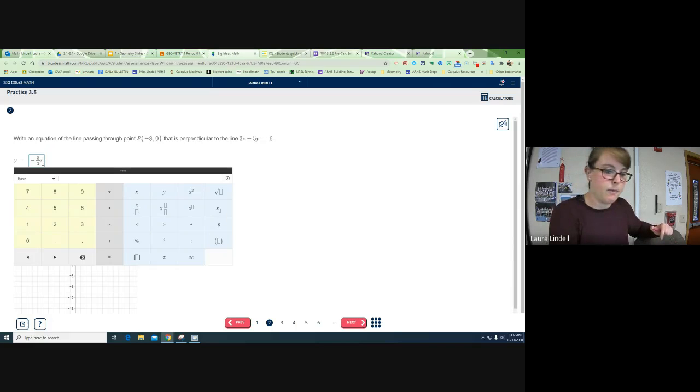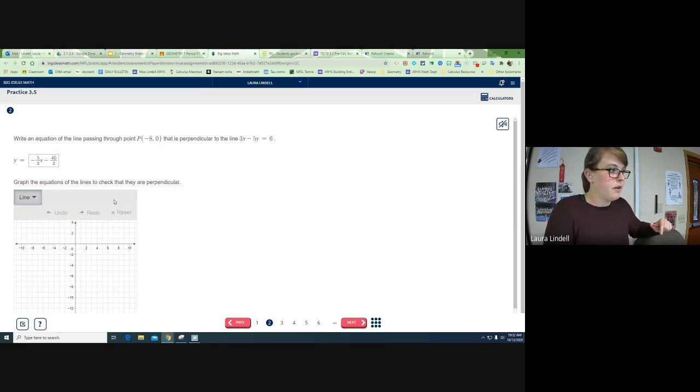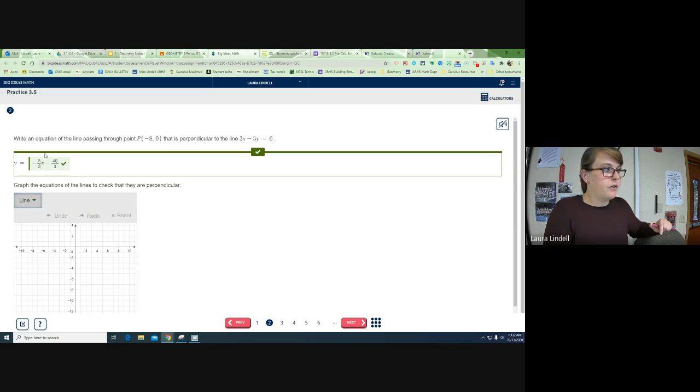And then we had minus another fraction, 40, oops, not 10, 40/3. So what I would do first here is check and make sure that this is the answer. So once we've got that, now we can graph the lines.